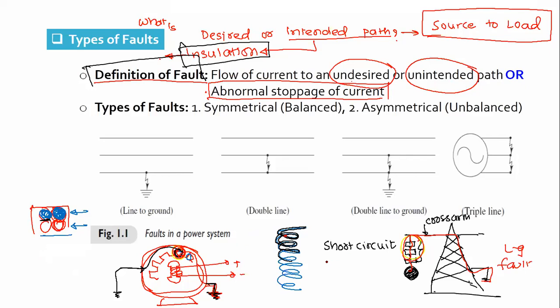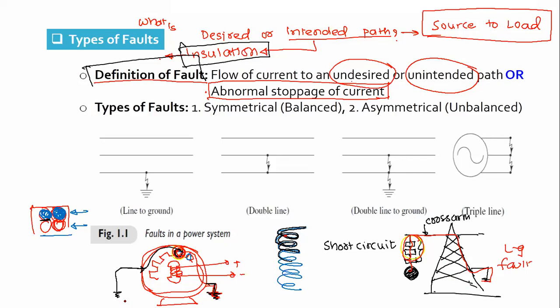Sometimes, let's say, the conductor is broken and the circuit has become open, or for example, it is a dead short circuit, so all the current is flowing to the ground directly. Okay, there is nothing flowing to the load. So current has a stoppage somewhere in between from source to load.